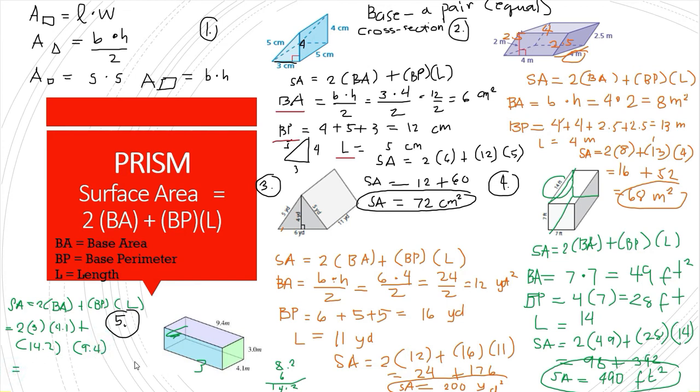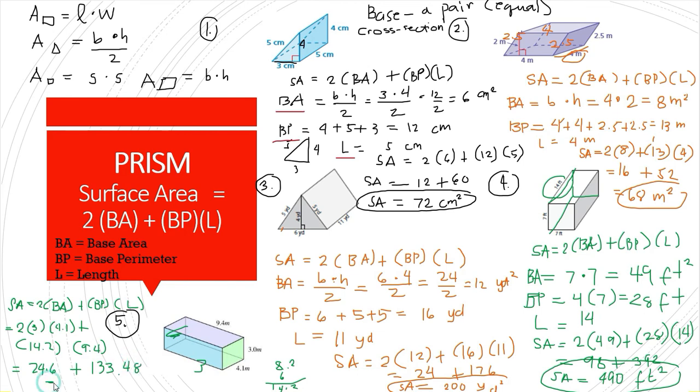Then simplify further. It will be 2 times 3 plus 4.1. This is 24.6. The first value, 24.6 plus, what is 14.2 times 9.4? 133.48.